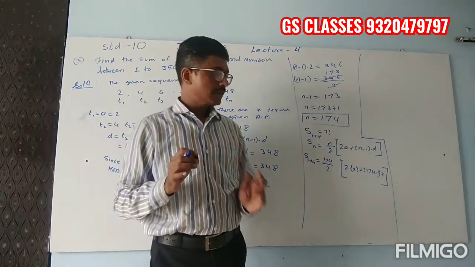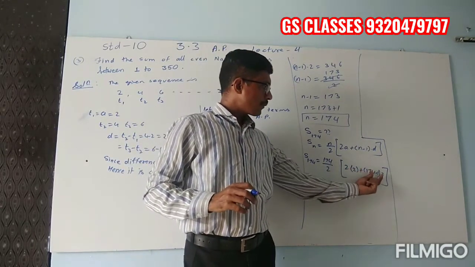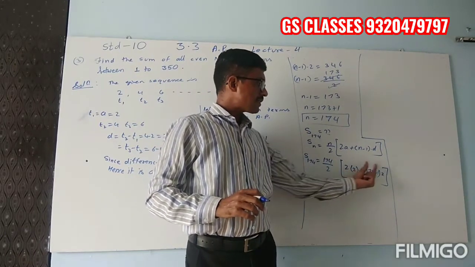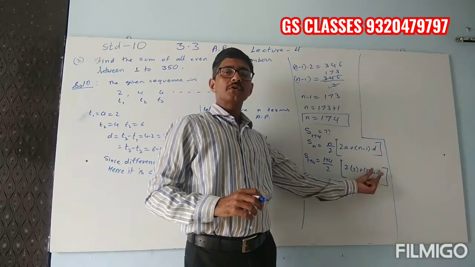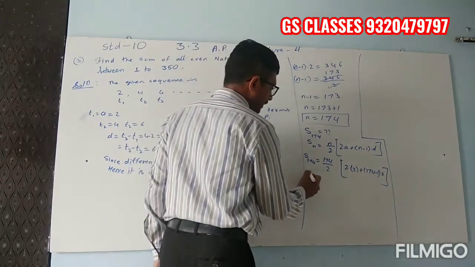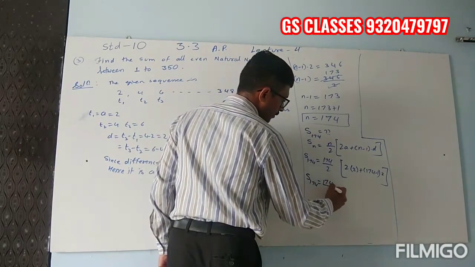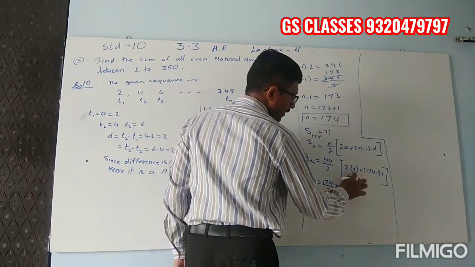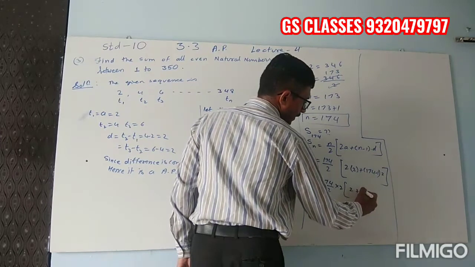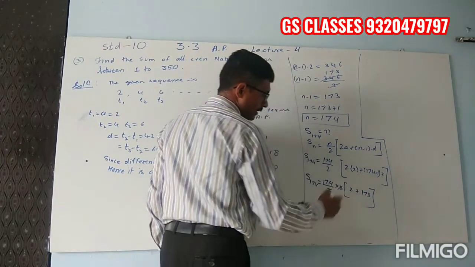Now children, 2 is present in the first term. 2 is also a member of the second term. So 2 is present as a factor in both the terms, so I can take 2 common. After taking that 2 common, 174 by 2 remains, and 174 minus 1 will become 173, and since I have taken 2 out, it will be cancelled.